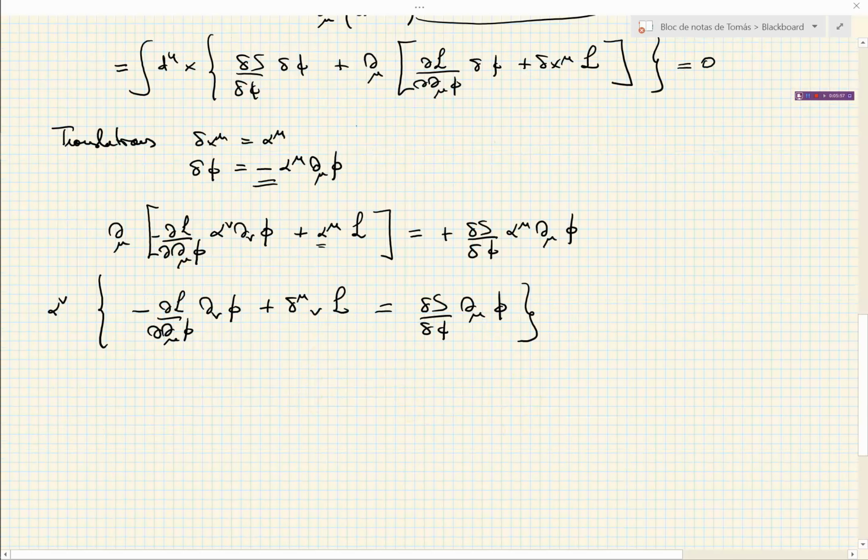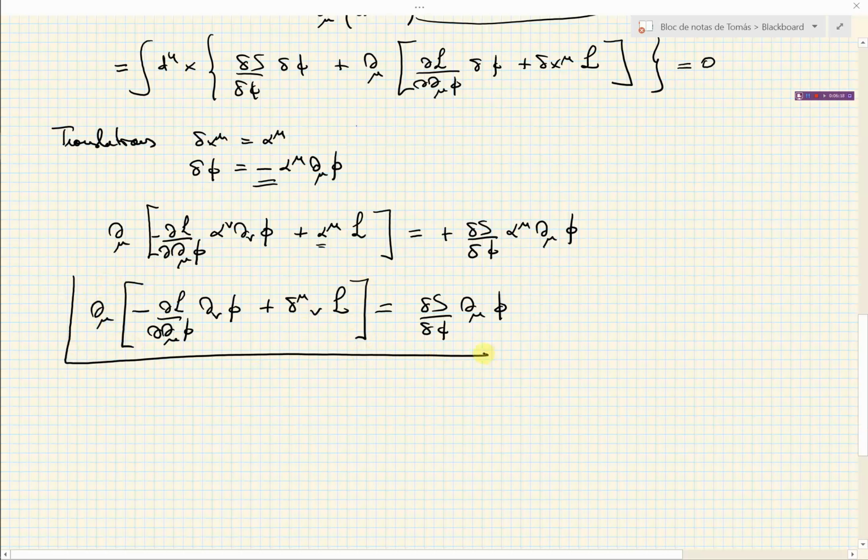Okay, this combination here is true for any alphas, so we can get rid of the alphas and the brackets, and sorry, I'm forgetting the divergence. So this is going to be the conservation law on shell. Let me keep everything here.